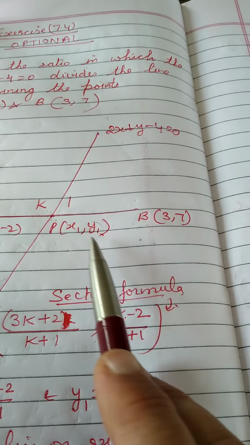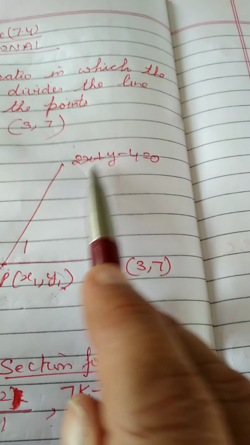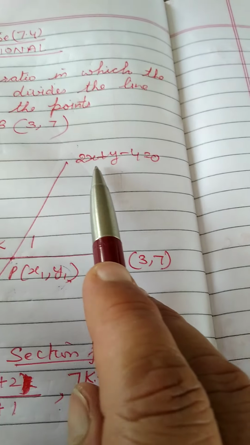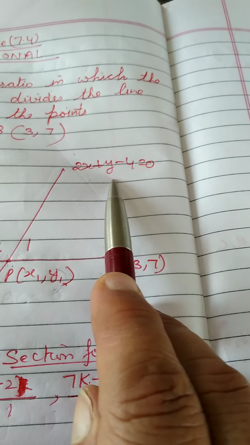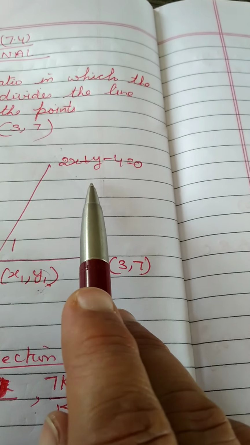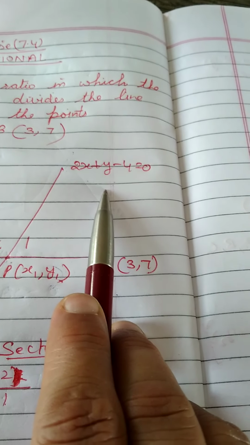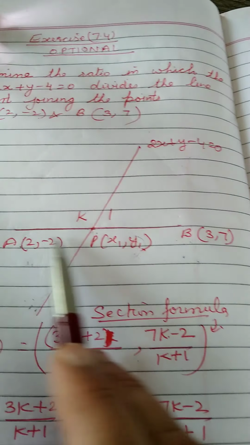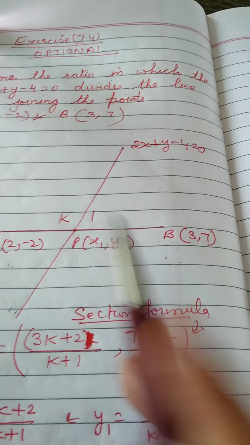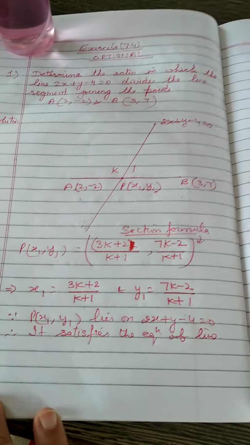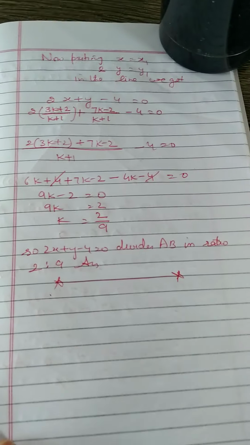Then these values of x1 and y1 are put in this equation in place of x and y. Then we solve this equation to find the value of k, which comes out to be 2 : 9. Means this line is dividing this line in the ratio 2 : 9. This is the solution. You can see the solution of this question.